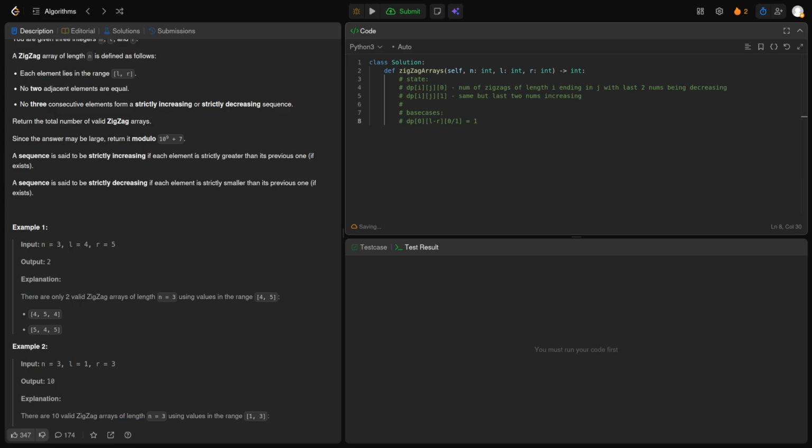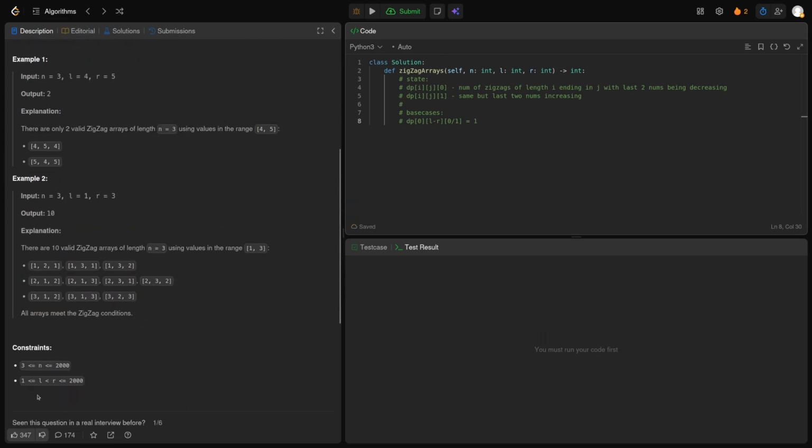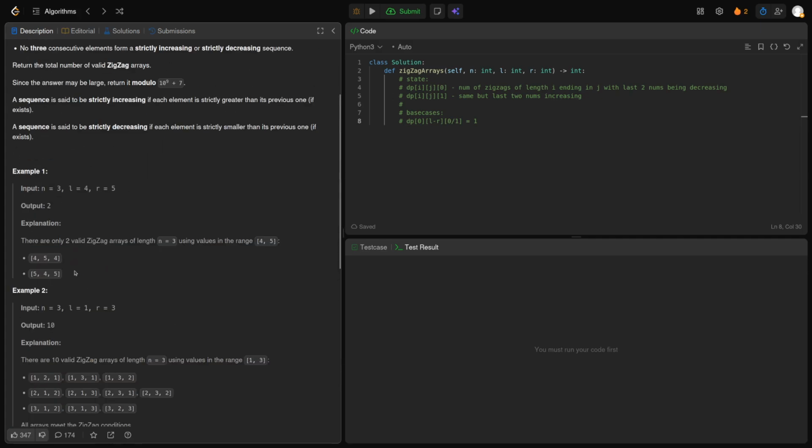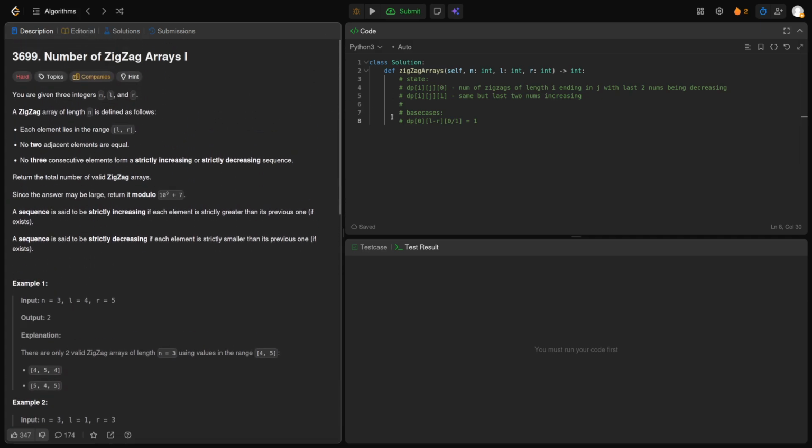Meaning that for all numbers from L to R, it doesn't matter whether we count increasing or decreasing. Everything else is 0. Then transitions.